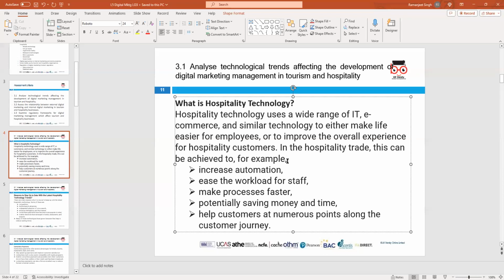It has made payment much faster, much quicker. It saves time, it saves money, it helps customers throughout their journey, because if the customer wants to buy a good and the payment is not going through, they will not be able to claim any goods.